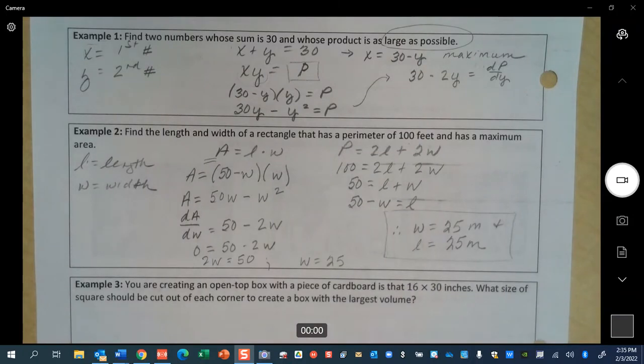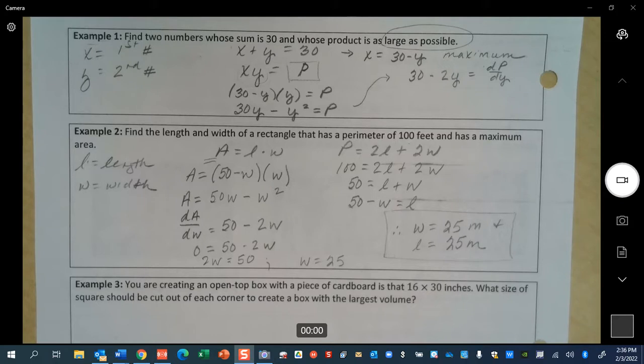Here's our area equation. Here's our perimeter equation. I went ahead and I solved for L in terms of W. I put W in. Simplify. I found a change in my area with respect to my width. And I was able to do this, that's why I don't have to worry about that other rate.